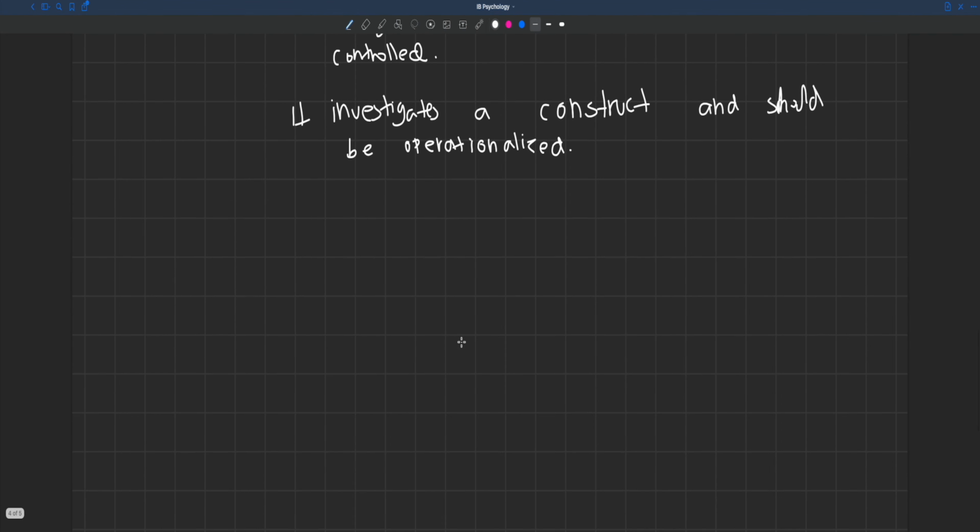Alright, so now we're going to talk about quasi-experiments, and we're going to compare and contrast between the quasi-experiments and the true laboratory experiments. Let's write quasi versus true first. In a true laboratory experiment, the allocation of participants into different conditions is random.